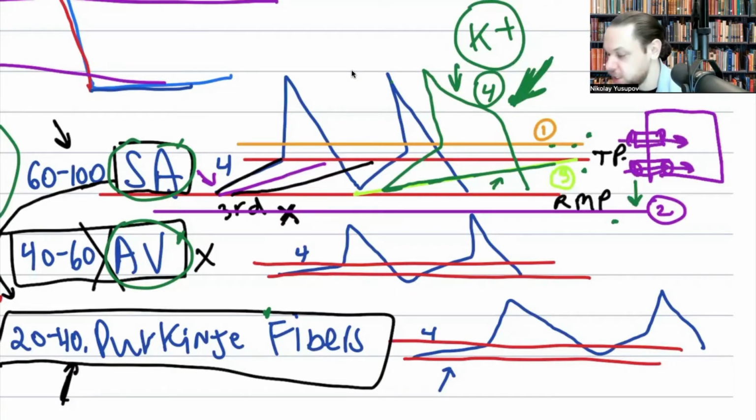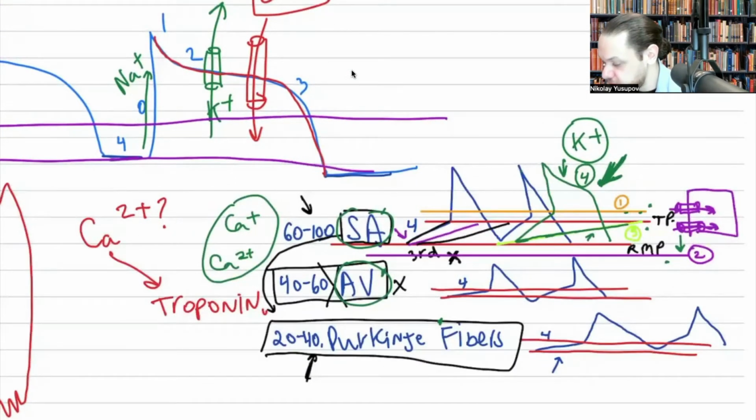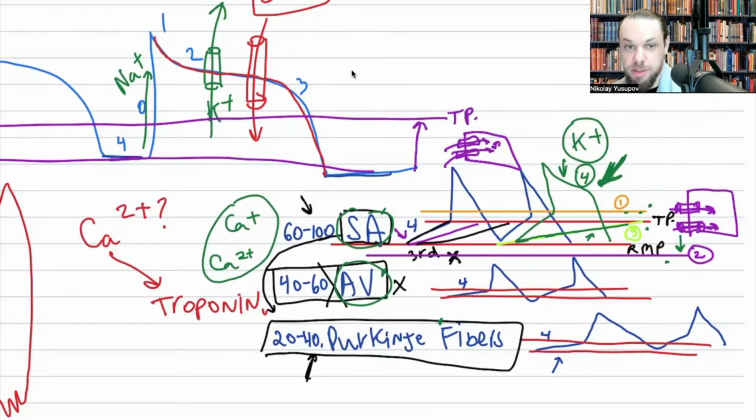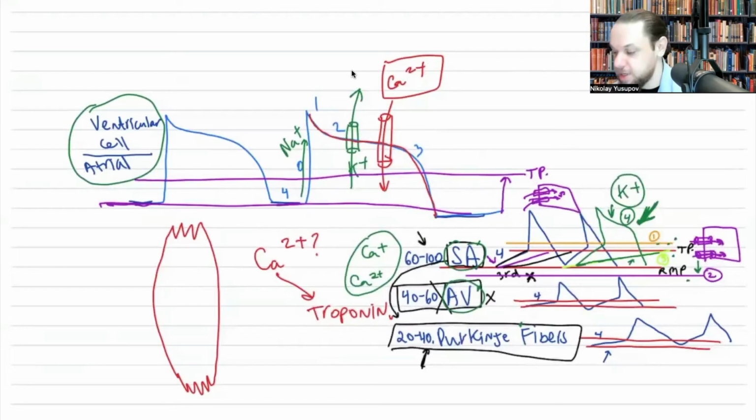For example, say this was the gap junction from the SA node to the atrial cell, and sodium or calcium trickles in, and this can raise the cell to the threshold potential, and then it will fire. So all these cells are connected, next to each other in a network with gap junctions. And then it goes to the AV node and so forth.